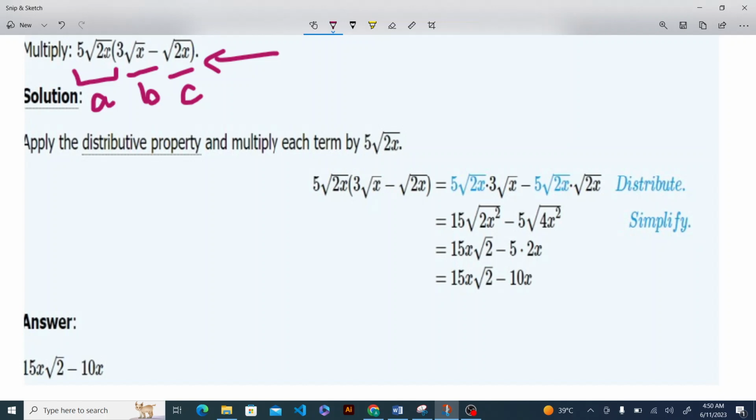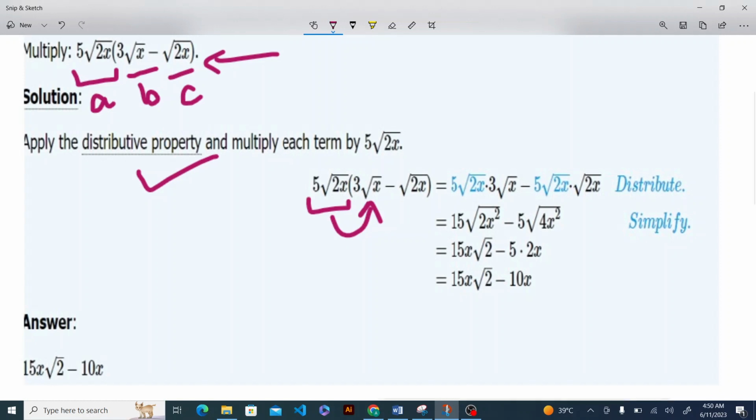So what is going to be done here? The distributive property will be applied in the first step. Why? Because this 5 square root 2x will be multiplied with both these terms, both these radicals, 3 square root x and 2x square root 2x, and this sign shows that the distributive property will be applied.